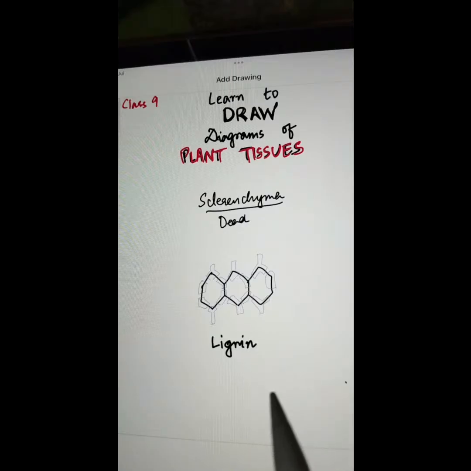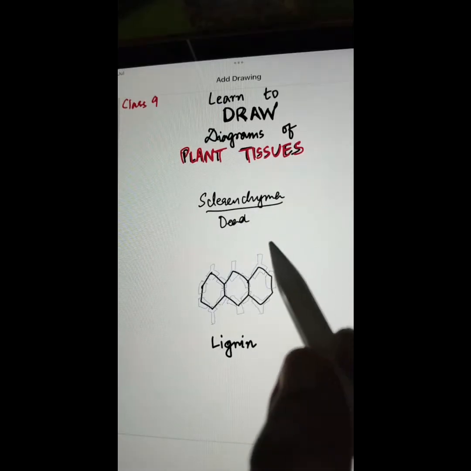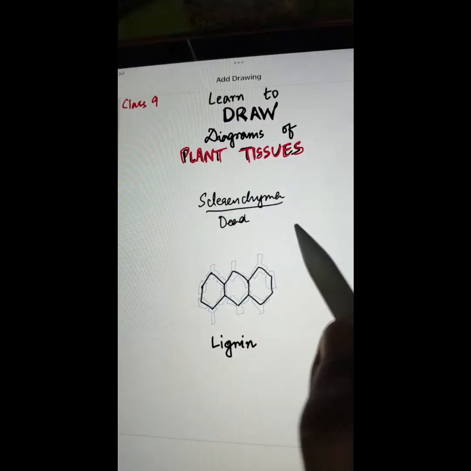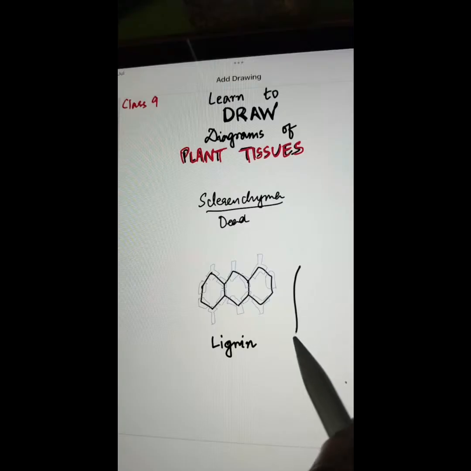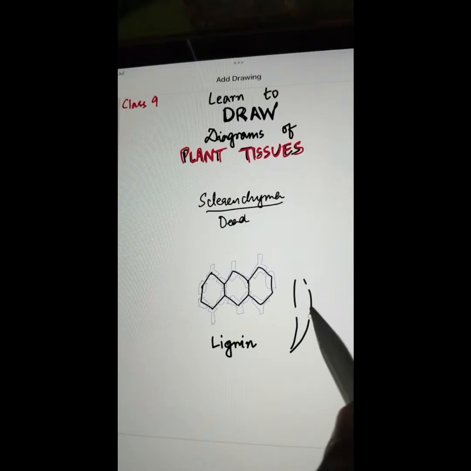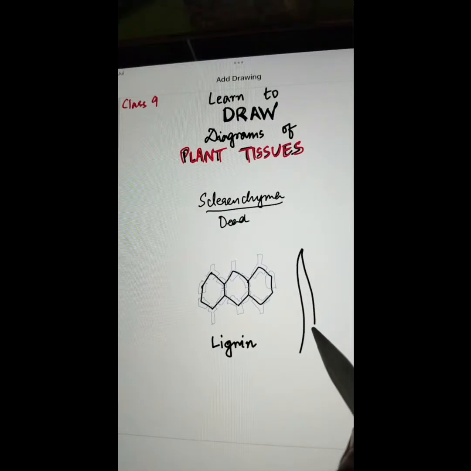And the more the lignin is there in a plant, that means more will be the mechanical strength. So sclerenchyma exists in 2 forms. One is the cellular form and the other is the fiber form. Let me draw it again. So in the case of fiber form, make sure that a spindle shaped structure should be visible.